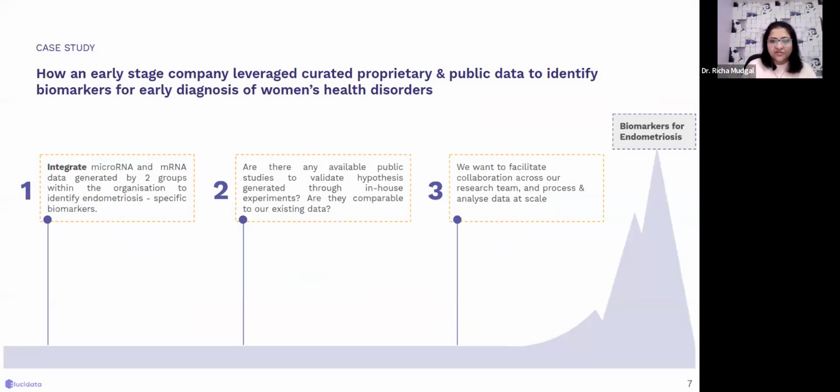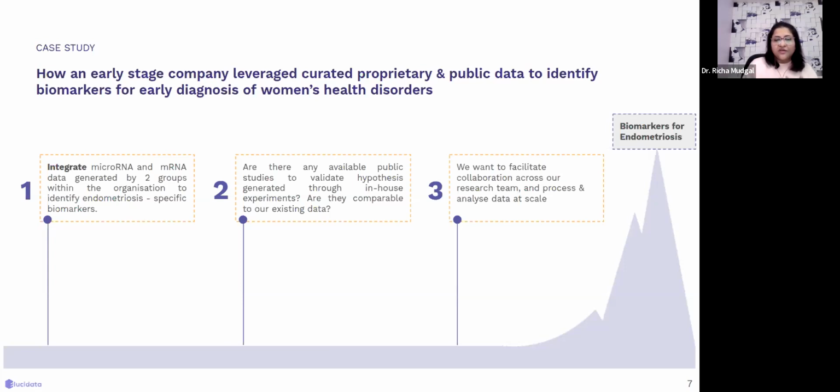They were predominantly working in the area of microRNA and transcriptomics, and since they're an early stage company, they did not have the infrastructure to run large scale experiments, or single cell experiments.